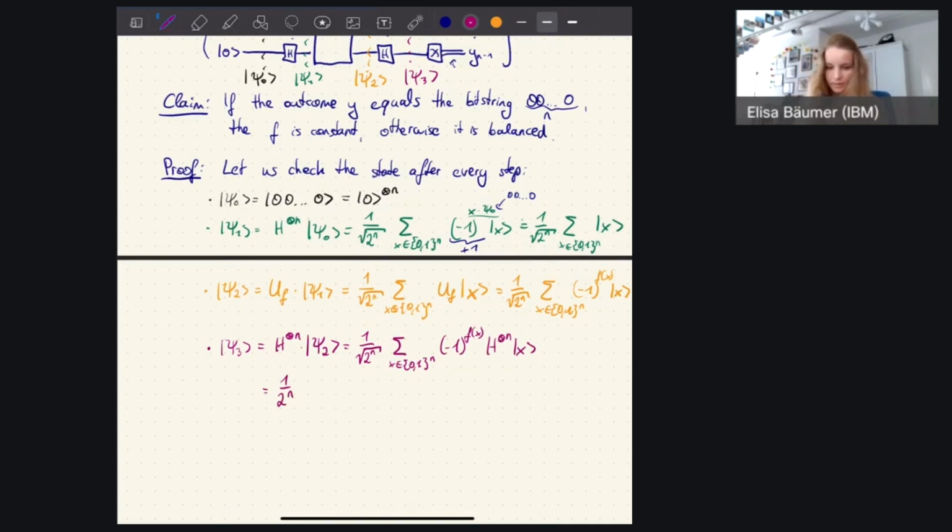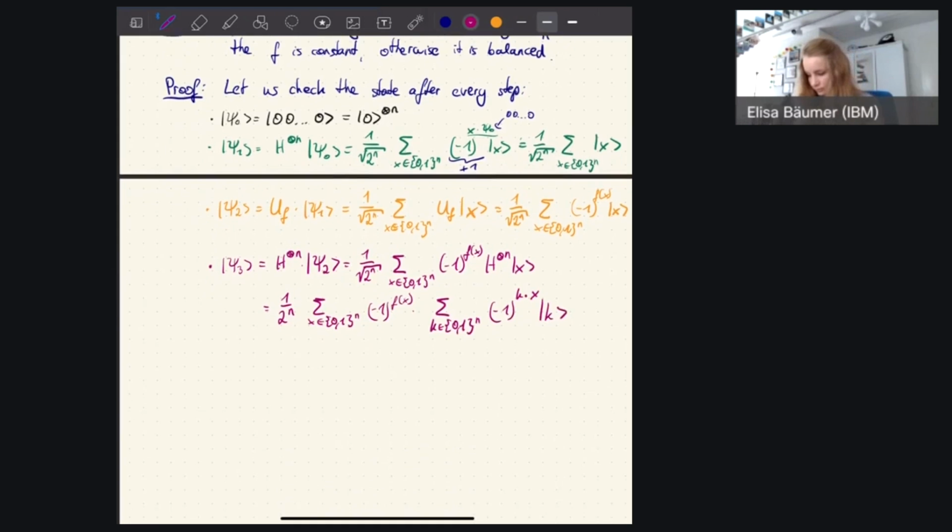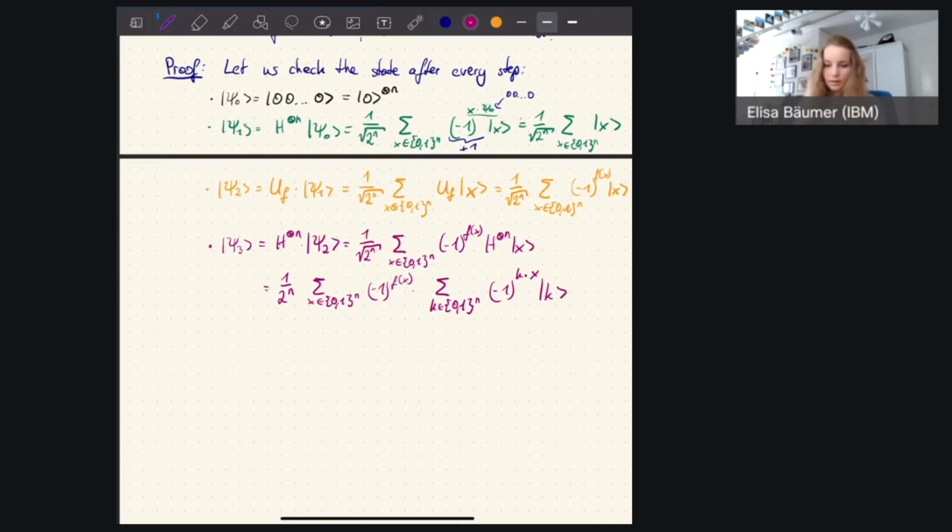We get another prefactor, 1 over 2 to the n as normalization. We still have our sum over all x with the phases, and then another sum that comes from the new set of Hadamard gates. Let's write it as a sum over all k, all the bit strings, and here we have then -1 to the power k times x, times ket k.